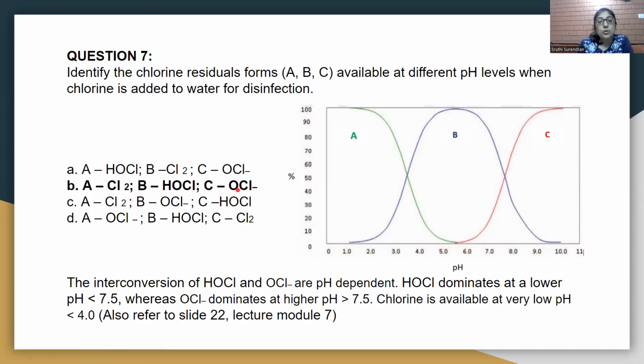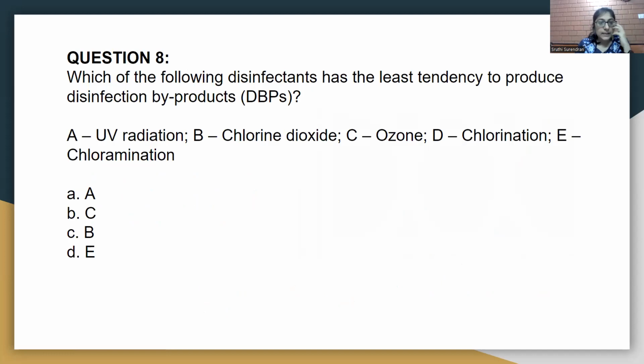After that, only OCl minus is strong. So, for good disinfection, it is necessary that we maintain the pH of water between 4 and 7.5, so that we can get maximum efficiency, because hypochlorous acid is the most powerful disinfecting product.